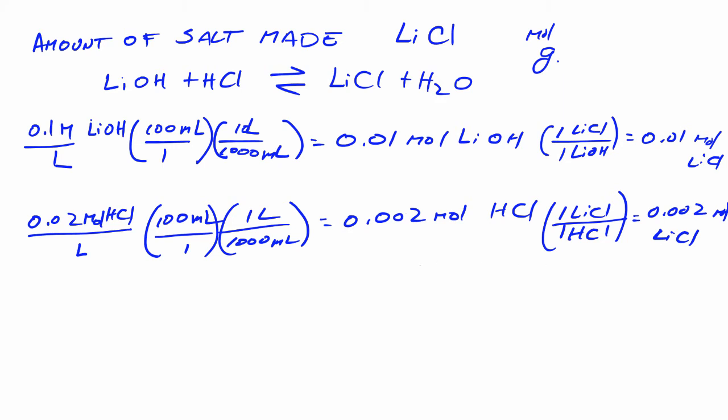And you notice this is my limiting reagent. It's going to be HCl, because I'm only going to make 0.002 moles of lithium chloride. So for my answer here, the amount of salt I made is 0.002 moles of lithium chloride.